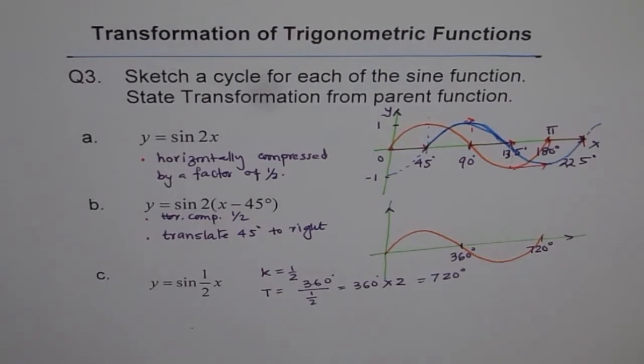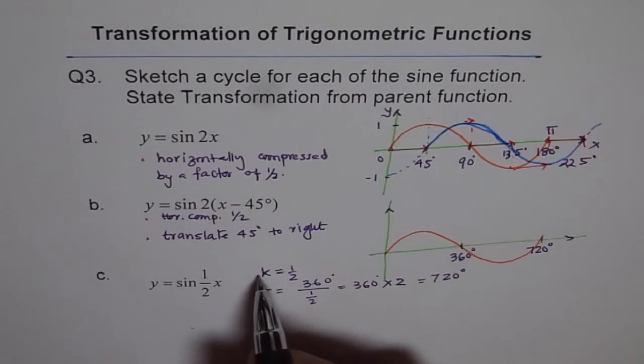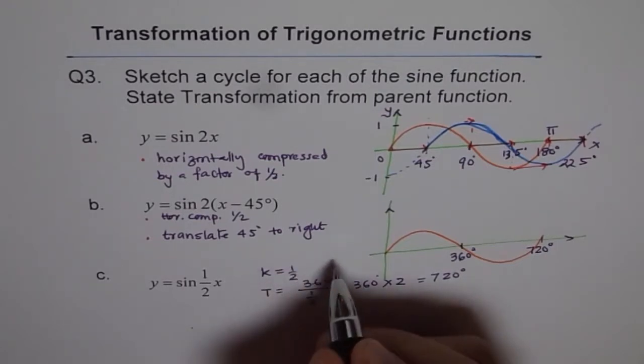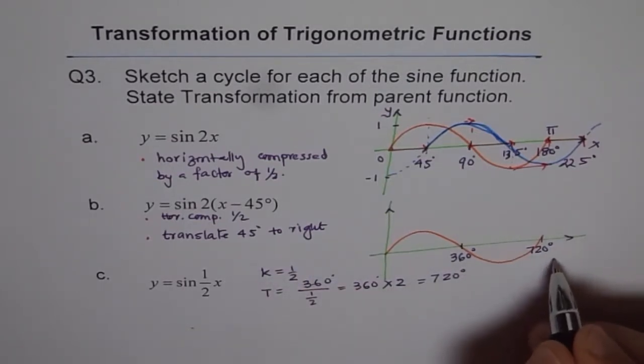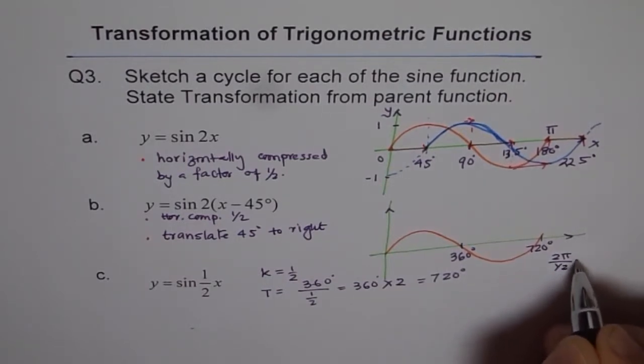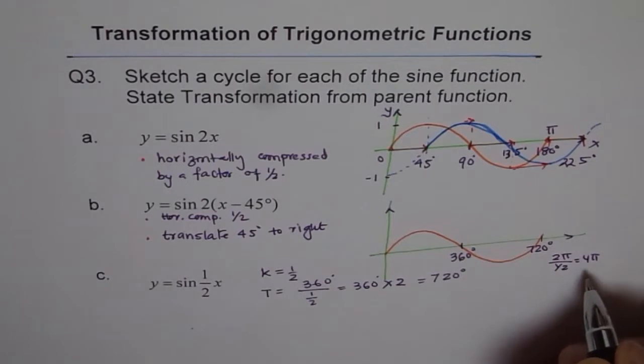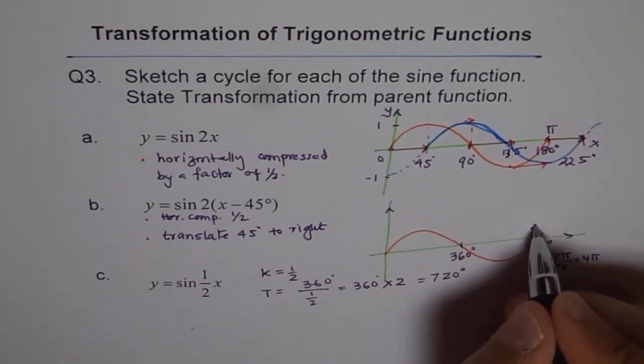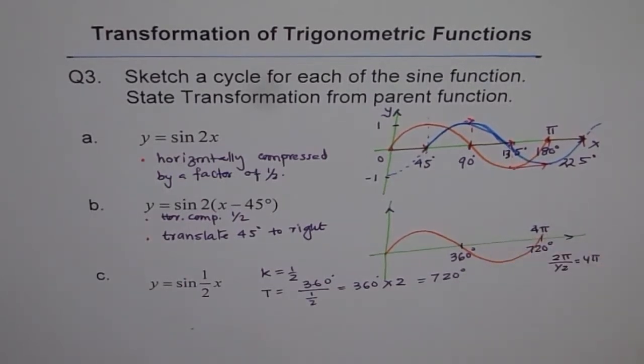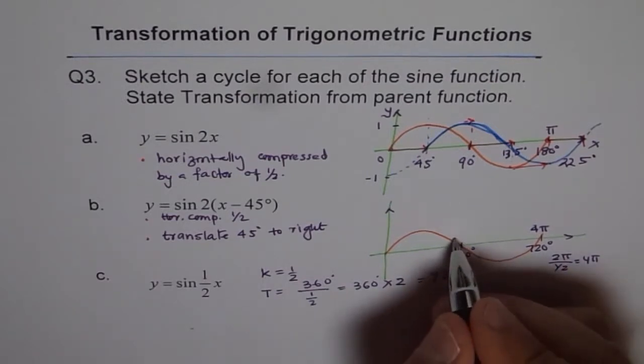Perfect. Those of you who are doing it in radians, if k is half, the time period will be 2 pi by half, which is 4 pi, correct? So this will be 4 pi in radians.